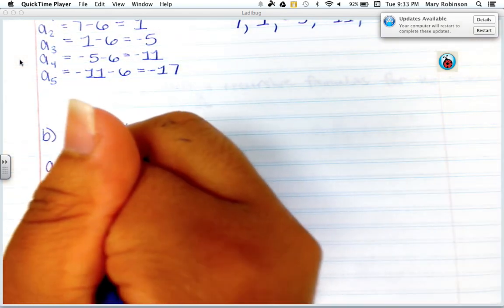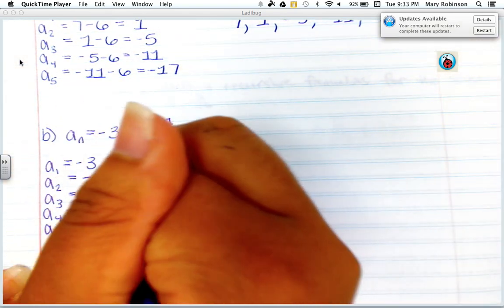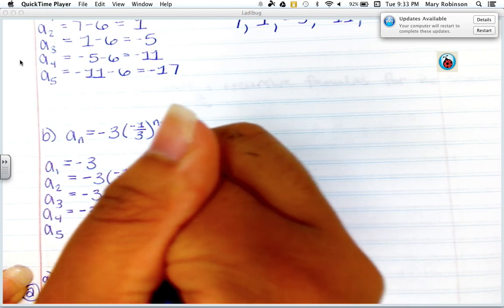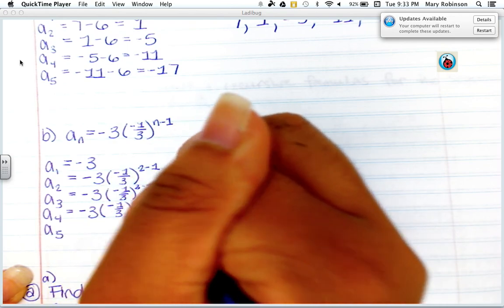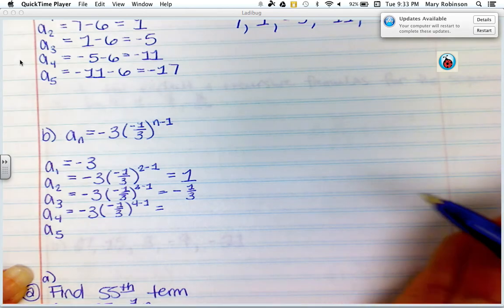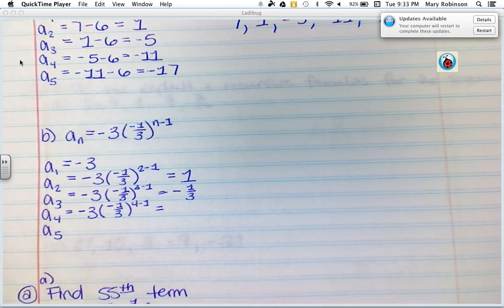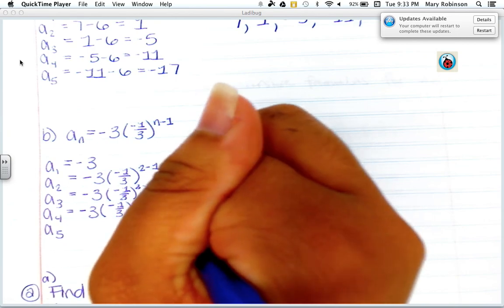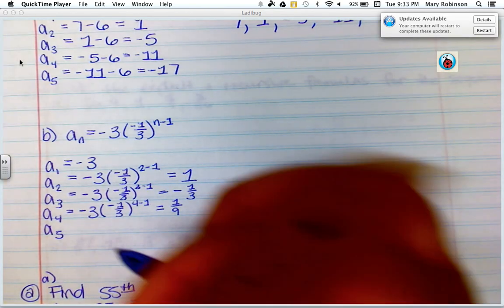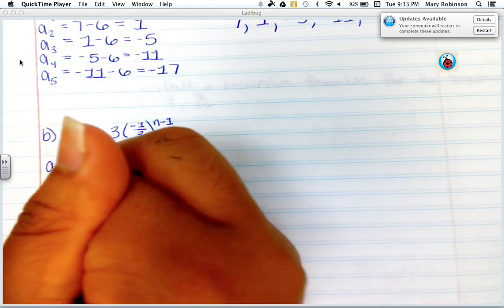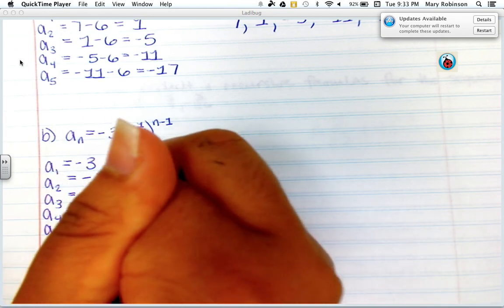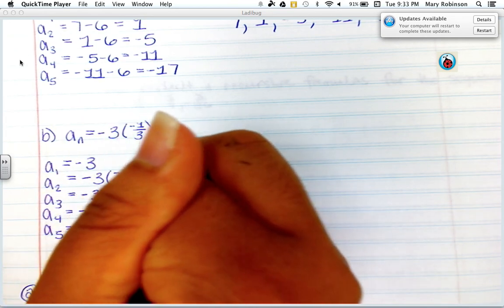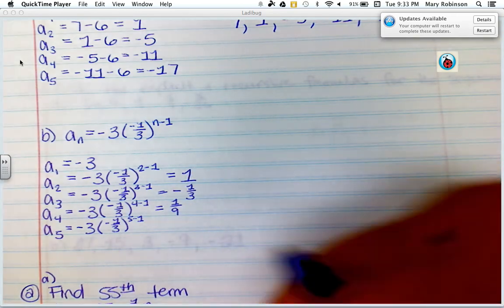A sub 4 equals negative 3 times negative 1/3 to the 4 minus 1 power. 4 minus 1 is 3, so it's negative 3 times negative 1/3 to the 3rd power. And that's going to give us positive 1/9. The fifth term is going to be negative 3 times negative 1/3 to the 5 minus 1 power, or fourth power.